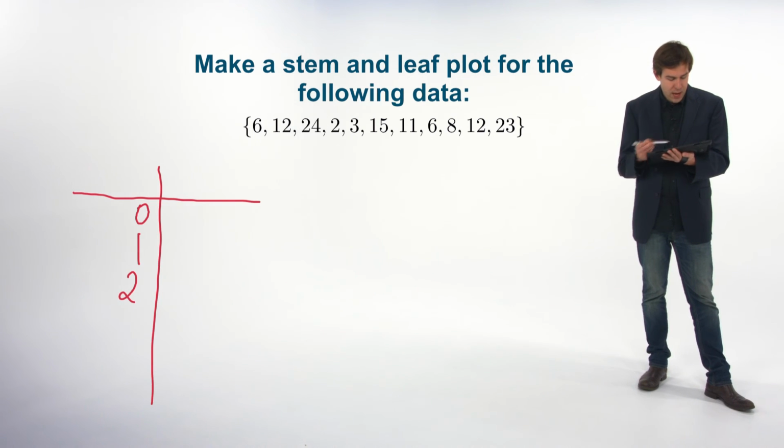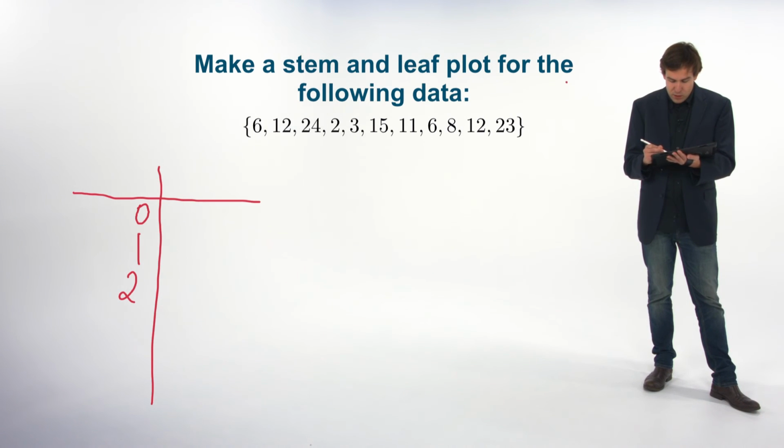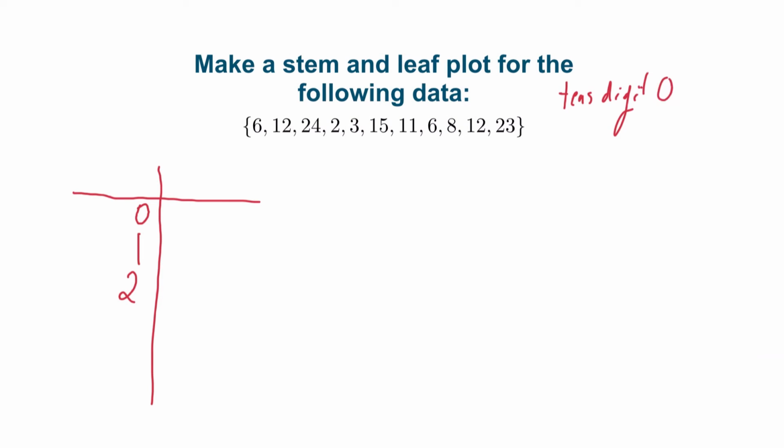So what numbers have tens digit of 0? Well, this would be 6, 2, 3, 6, and 8. So now I organize those and I go 2, 3, 6, 6, 8. And then I move on to tens digit 1.